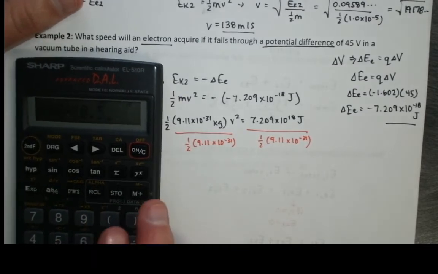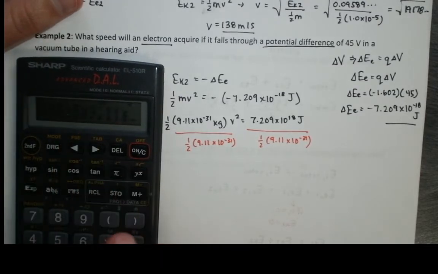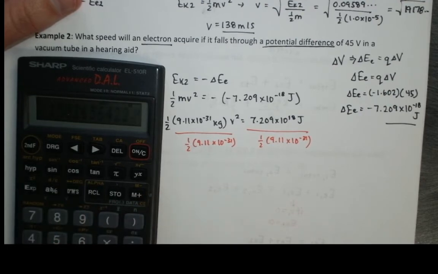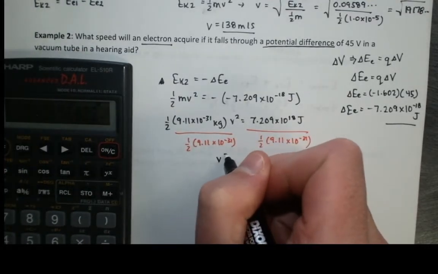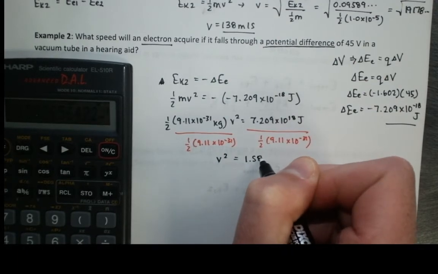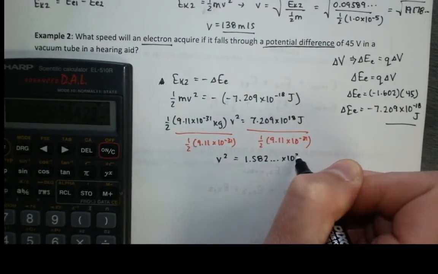Divide by 0.5 times 9.11 exponent negative 31. We get v squared is equal to 1.582 blah blah blah times 10 to the power of 13.